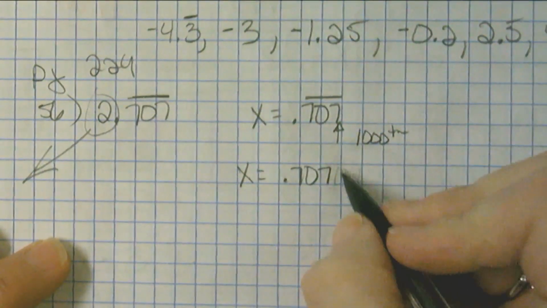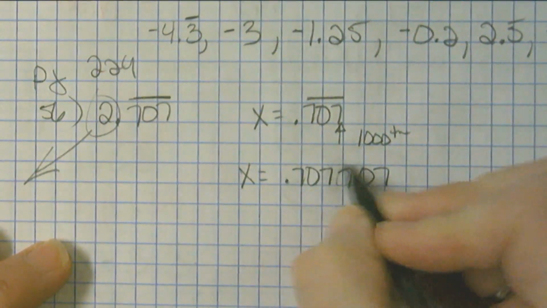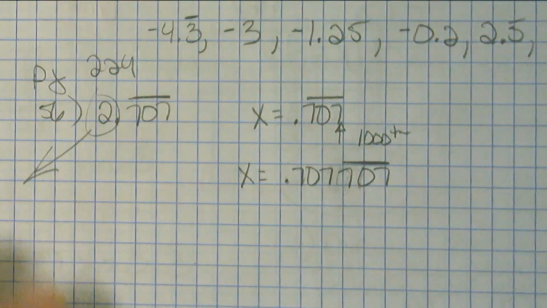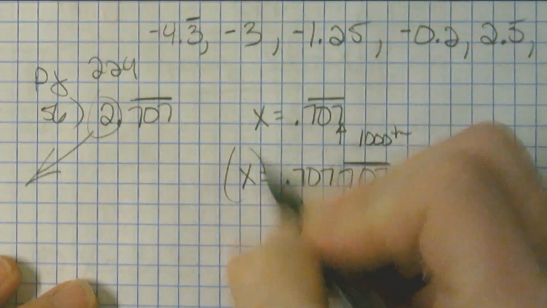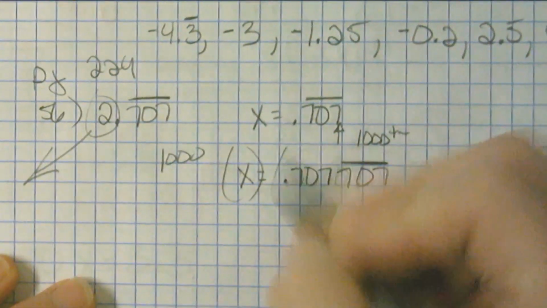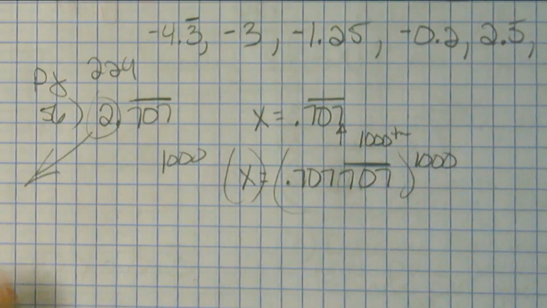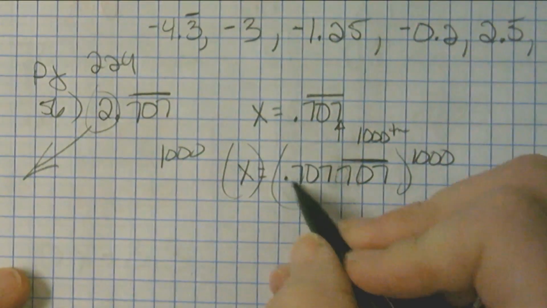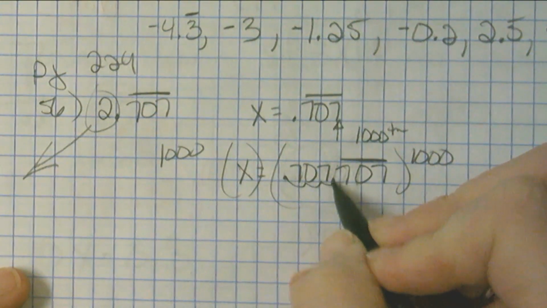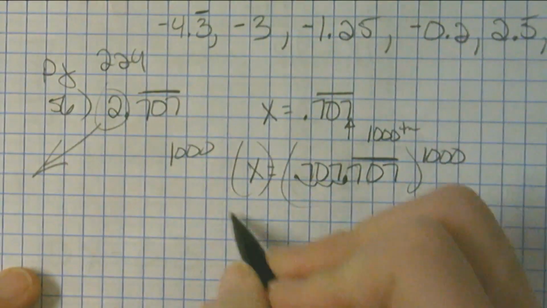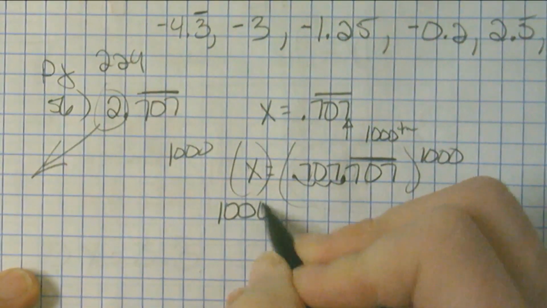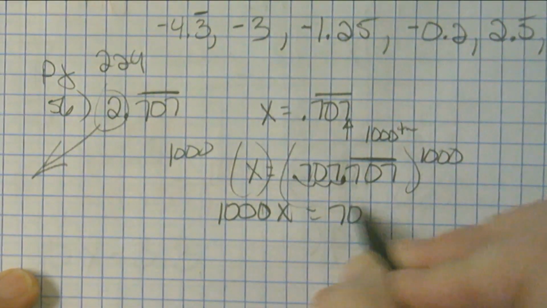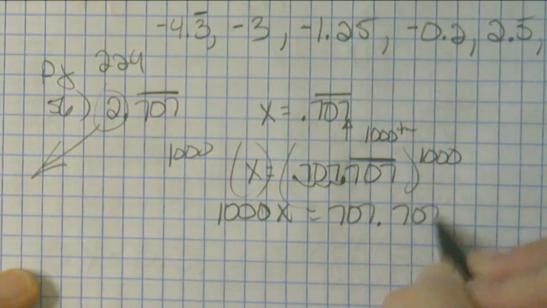Yep. So this would be 707, and this is what's repeating, right? Okay. So now I'm going to multiply everything by 1,000. When I do that, I move my decimal 3 places. So I end up with 1,000x is equal to 707.707 repeating.